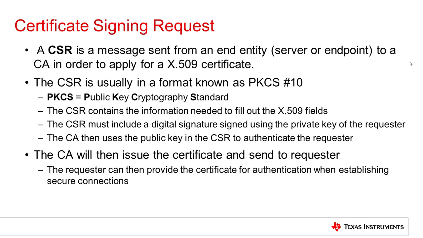When it arrives at the certificate authority, it takes the public key out of the certificate signing request and uses that to decrypt the signature. It can then compare the resulting hash value against its own hash calculated of the CSR. If these match, it knows that the requesting IoT device does own the private key that corresponds to the public key. At that point, it can issue the certificate and send it to the requester.